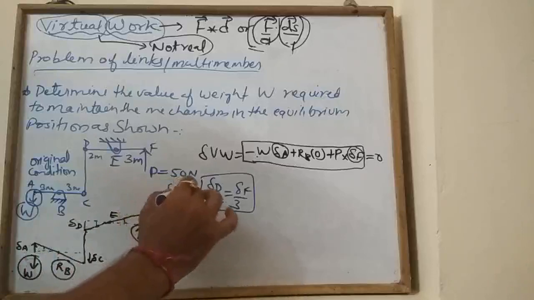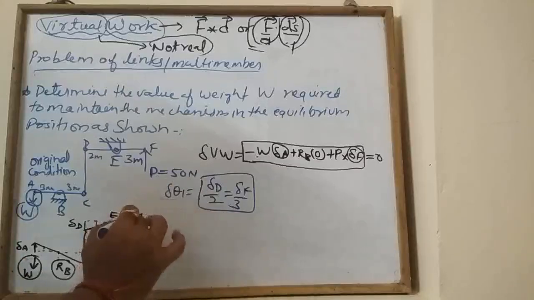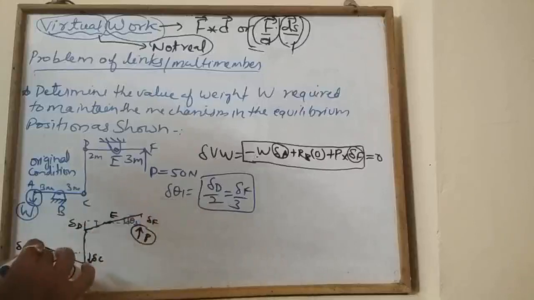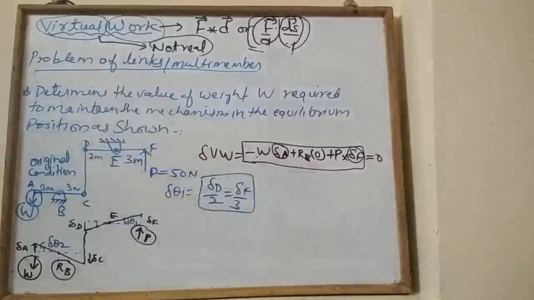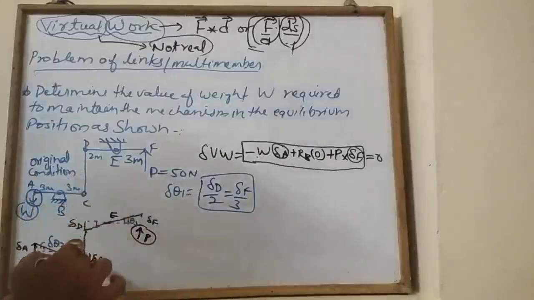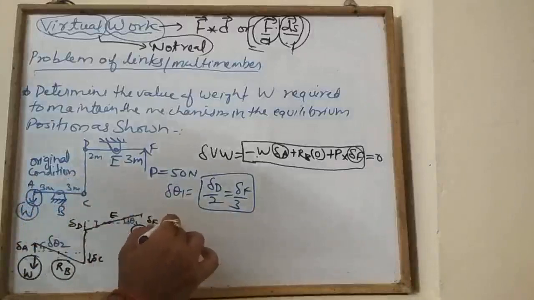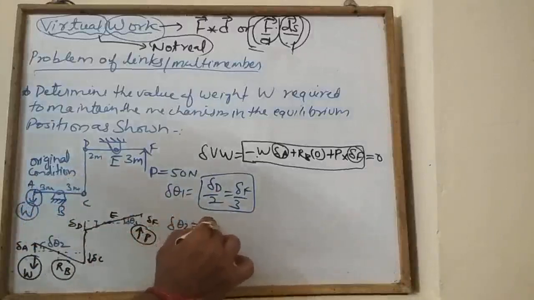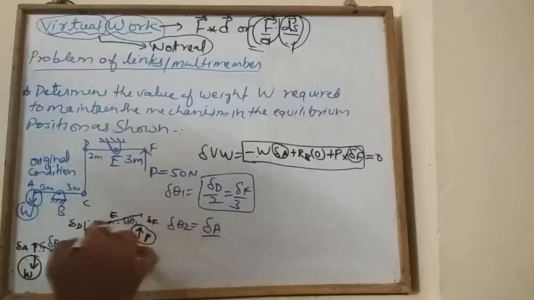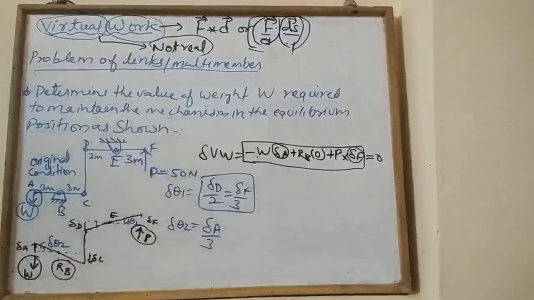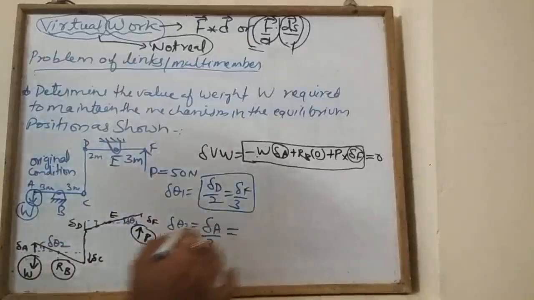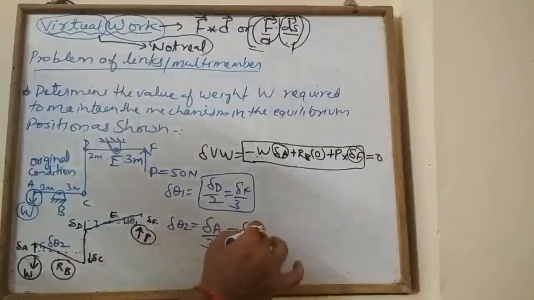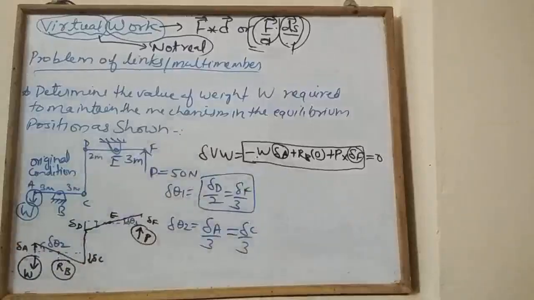Delta theta 1, delta theta 1, delta theta 2. Now delta theta 2 equals delta A by 3, which equals delta C by 3.